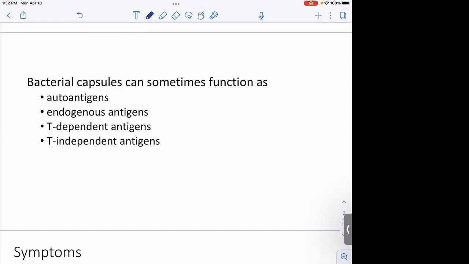They will stimulate our B cells on their own to start differentiating into plasma cells and make antibodies. Not all, but certain bacteria that have capsules can serve as T-independent antigens. So that was the correct answer there.